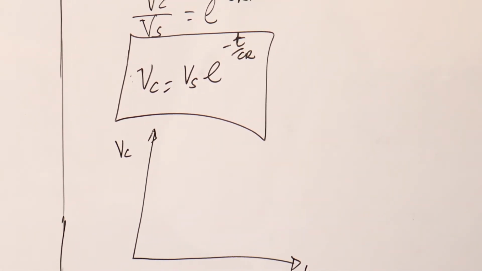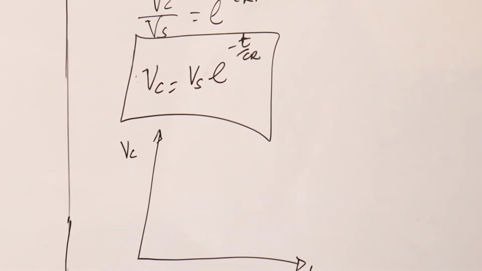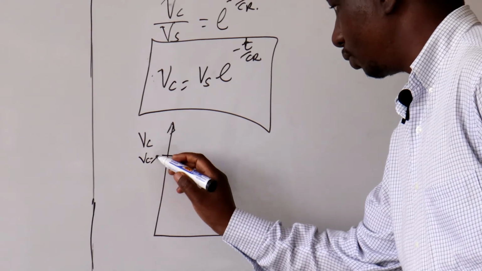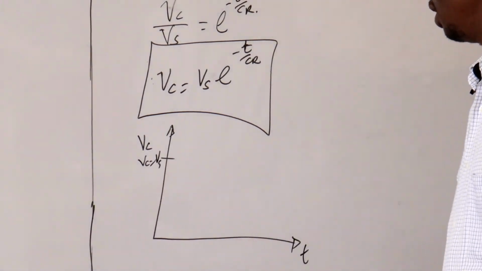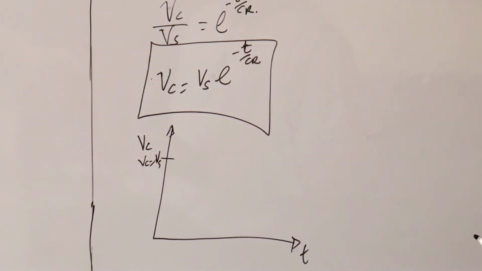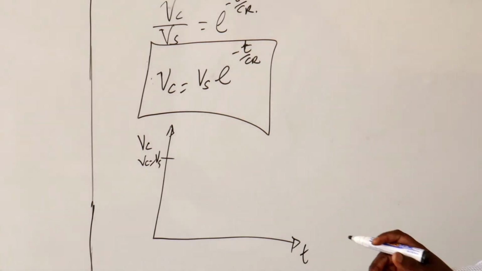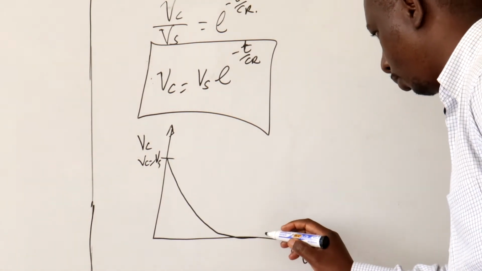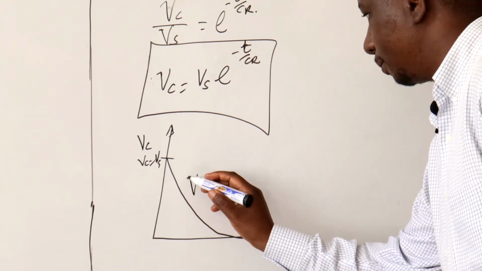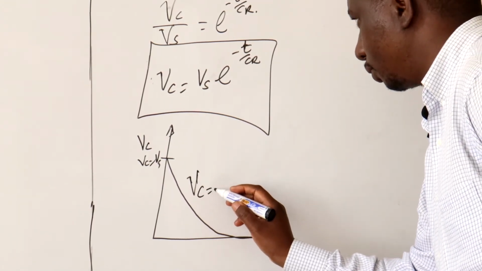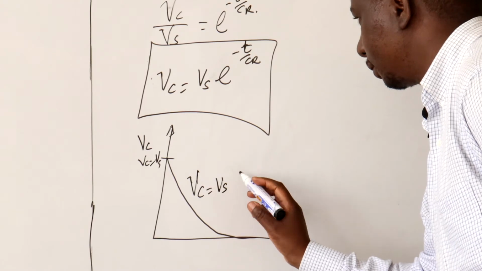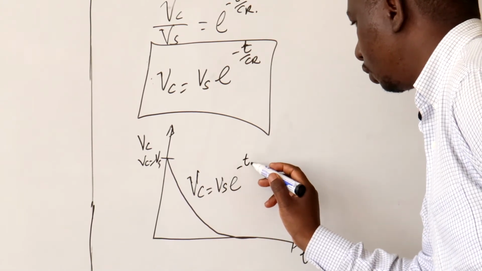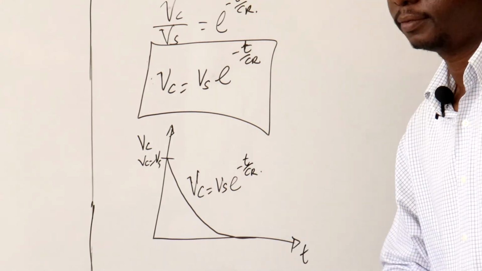When t is equal to 0, VC is equal to Vs. And when t is equal to infinity, VC is 0. So you shall have a curve appearing this way. So this is VC equals Vs e to the minus t over CR.